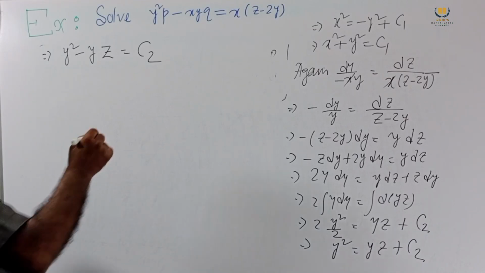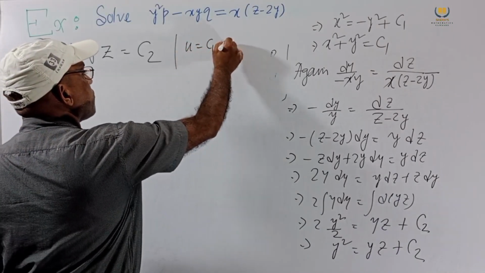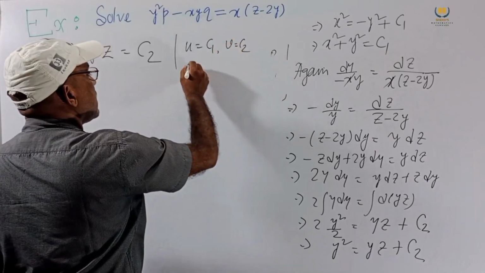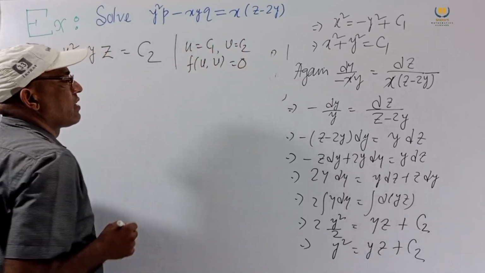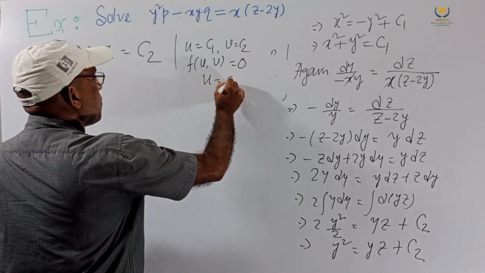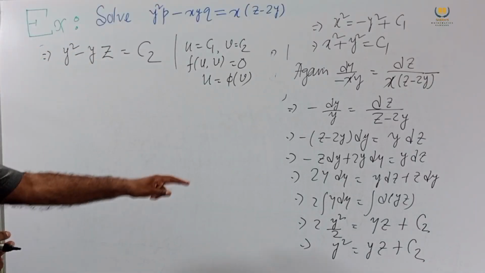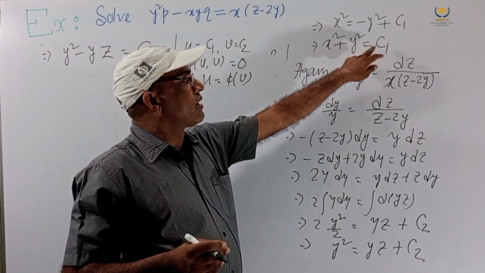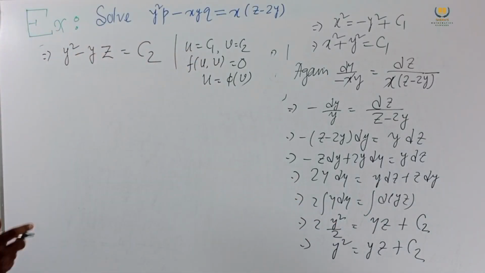So what do we get? We know this formula: if u equals c1, v equals c2, then f of u comma v equals 0 is our required solution, or we can write u equals phi of v. So this is u equals c1, and this one v equals c2.